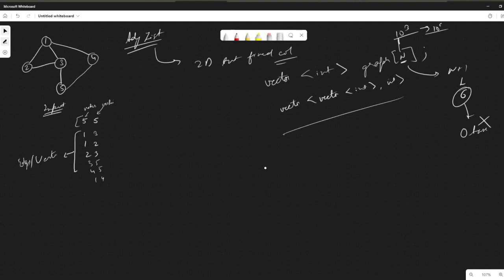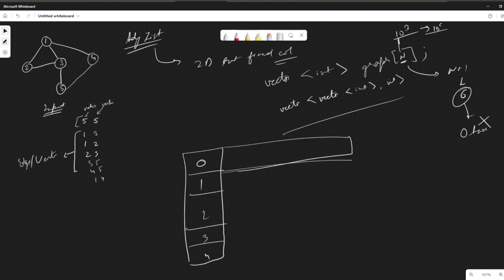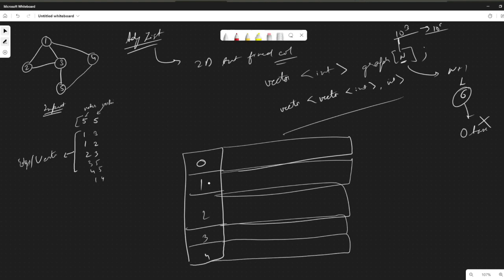There is a vector array, with indices 0 1 2 3 4, and along with this each entry is a vector. We are taking 5 also.